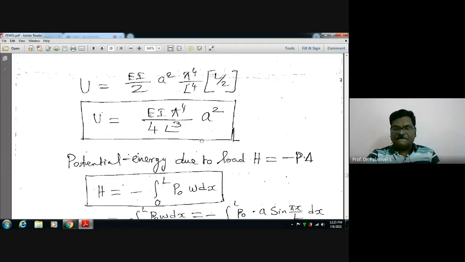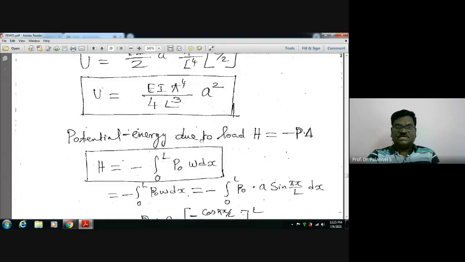I will stop this. Next I am coming to the potential energy due to load, H. We use the notation H equal to minus P into del. Due to load, what is the work done? Load force into displacement, that's why minus P into del. Why the negative sign?